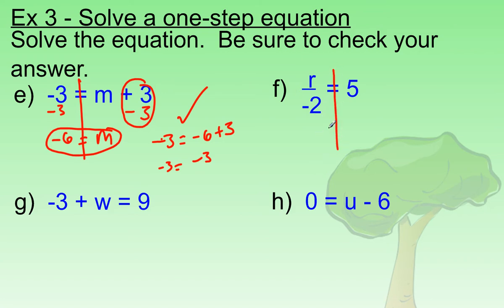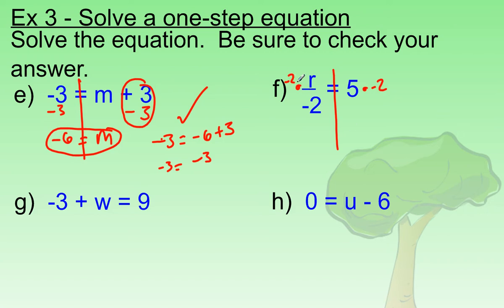Letter F. Let's see, my variable is being divided by -2. So the opposite of dividing by -2 is to multiply by -2 on both sides. Always do everything on both sides because we're trying to keep these equations balanced. If you do something to one side of the equation, you do the same thing to the other.